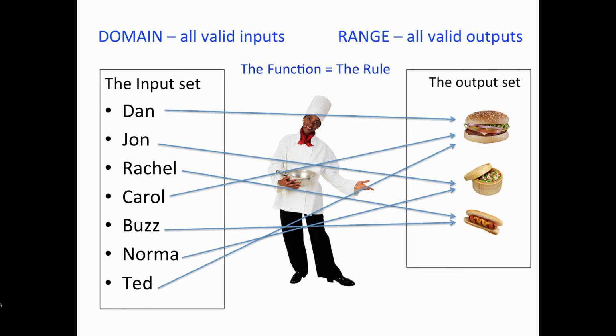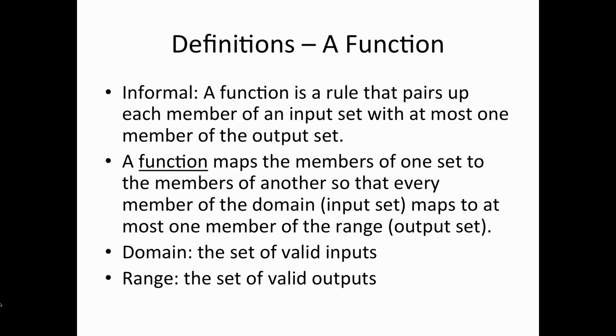The range is the set of outputs. In this case, the range is burger meal, veggie meal, hot dog meal. Now, again, informally, a function is a rule that pairs up each member of an input set with at most one member of the output set.